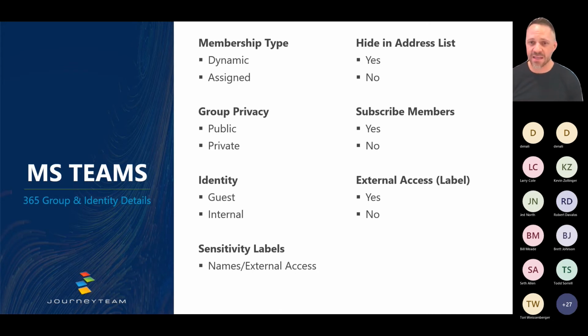When they want to add Ed to the committee, the person in charge of the committee can add Ed, right? And they don't have to have IT intervention to manage the membership. Okay, so assigned is the business manages the permission on their own. Dynamic, users are automatically assigned to a 365 group based upon properties within Active Directory. Quick disclaimer, not all properties in Active Directory can be used for dynamic configurations. Okay, I can get you that content if you're looking for that.